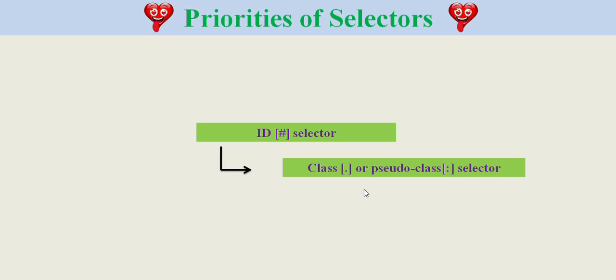If there is no ID selector, then the priority goes to the class selector or the pseudo class selector. The class selector and the pseudo class have the same priority.